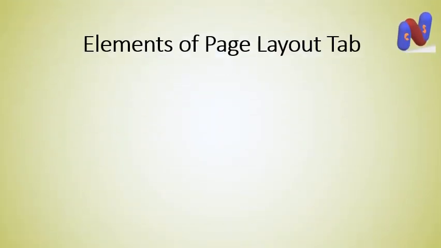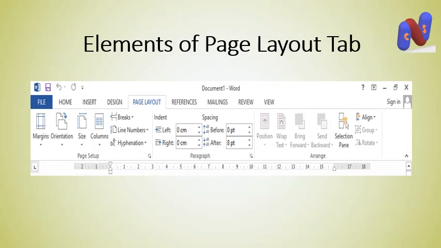The elements of page layout tab are margin, orientation, size, columns. In paragraph we can set the indentation, line spacing, and in arrange we can arrange position according to the objects. So these are the elements of page layout tab.